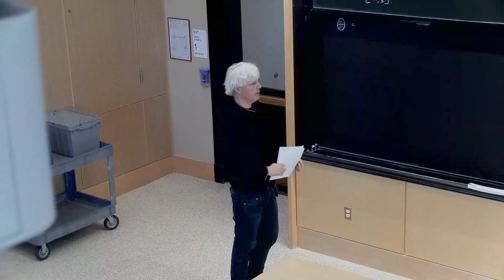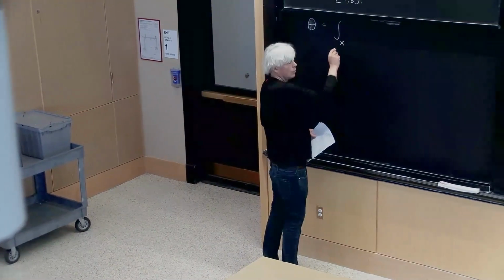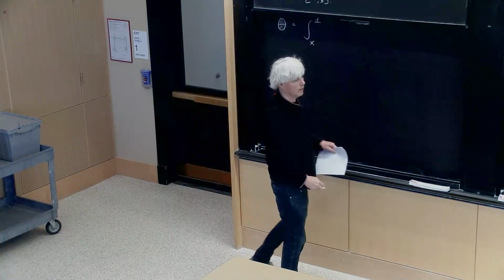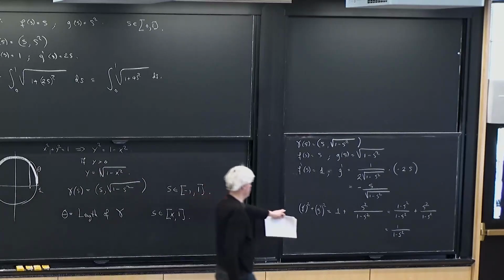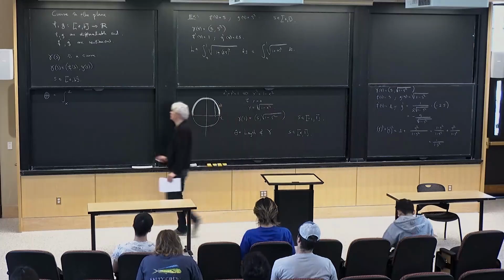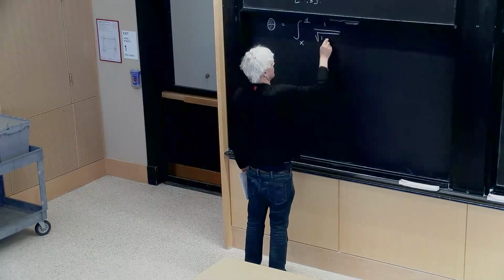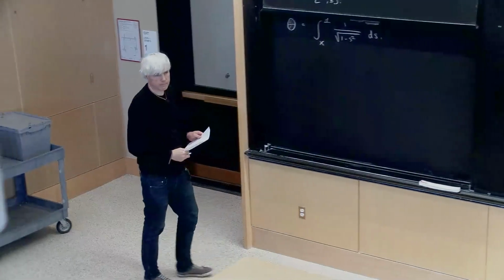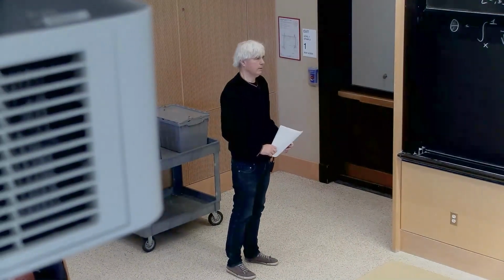So the length here is then the integral from x to 1, and then it is of the square root of this thing here. So it's the integral from x to 1 of the square root of 1 over 1 minus s squared ds. So that's the length, right?